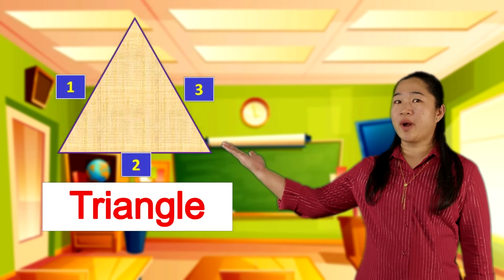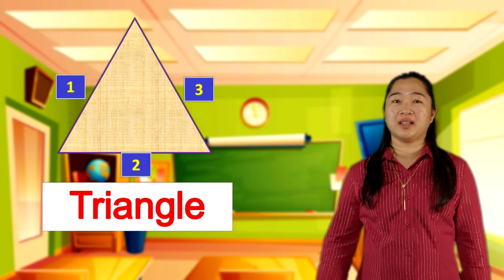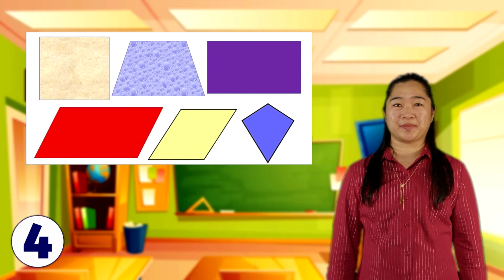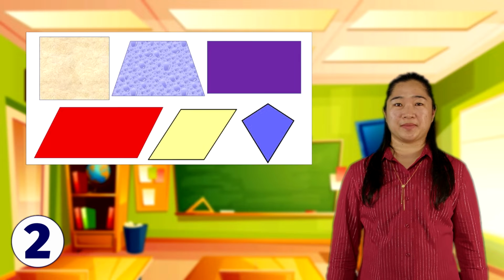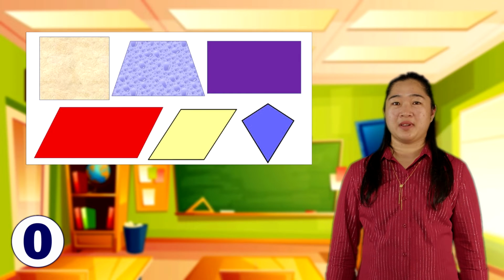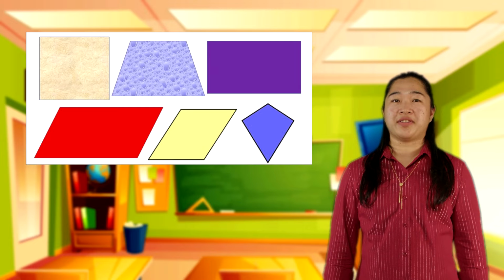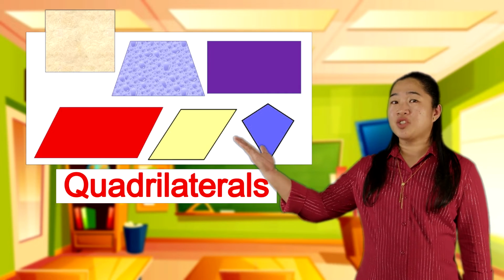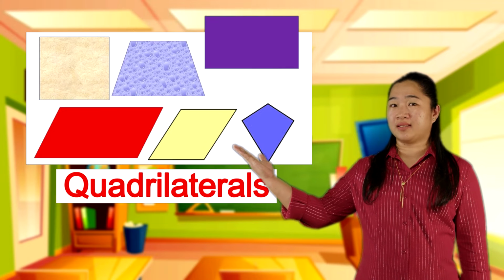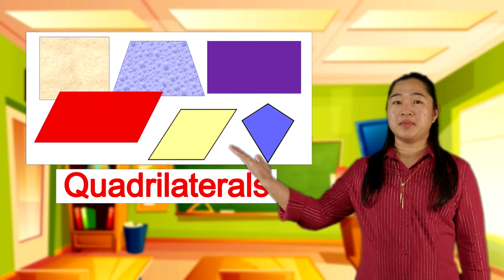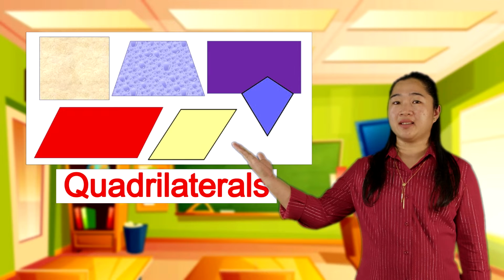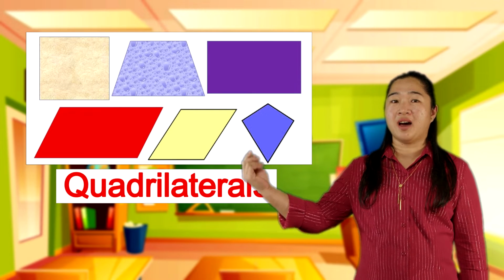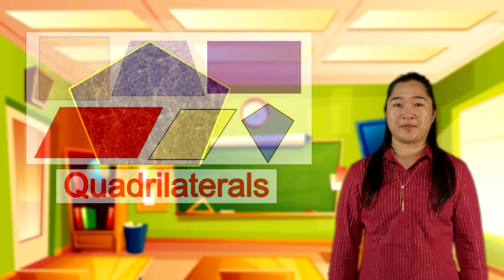This is a triangle. A triangle has 3 sides. That's right. These are called quadrilaterals: square, trapezoid, rectangle, parallelogram, rhombus, and kite are examples of quadrilaterals. They have 4 sides.